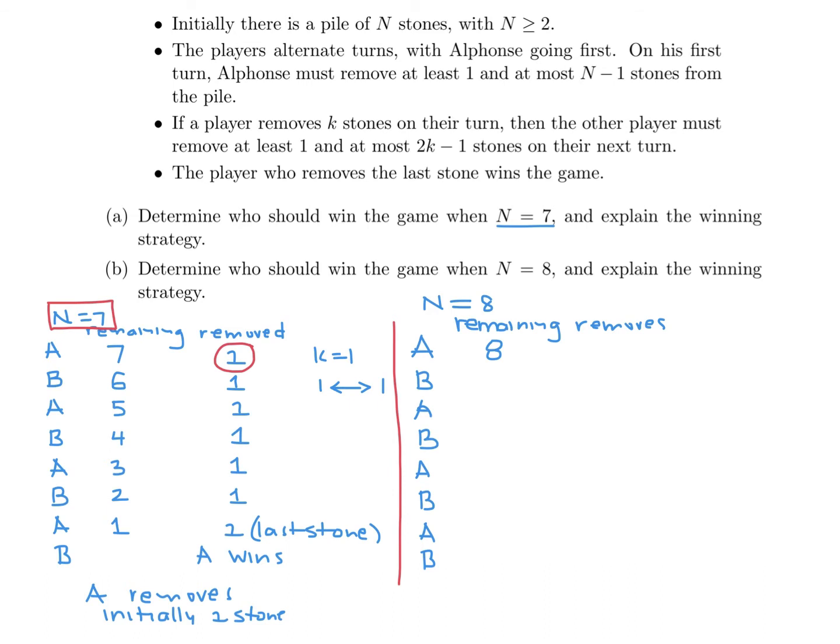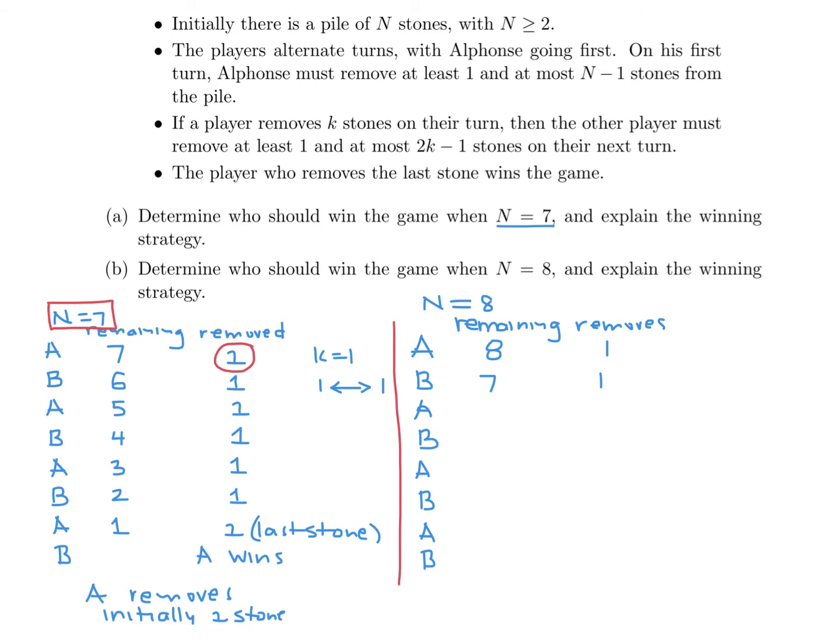Okay, so there are quite a few choices here now. Let's start off with Alphonse initially choosing 1, and let's see what happens. If that's the case, based on this rule explained in the previous part, Beryl has no choice but to remove 1. So it's down to 7, and she removes 1. And then from now on, it's fixed.